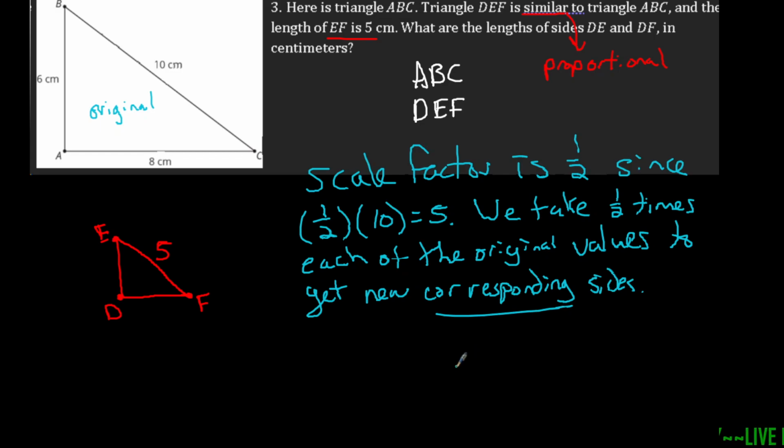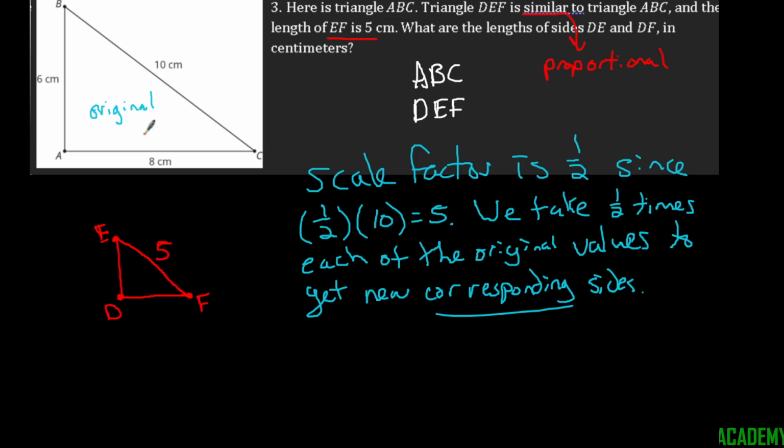And what it means to have corresponding is that they go with one another. Like I was saying, this side AC is going to go with that side DF. And then this side EF is going to go with that side BC. So make sure that they are matching up like we have.